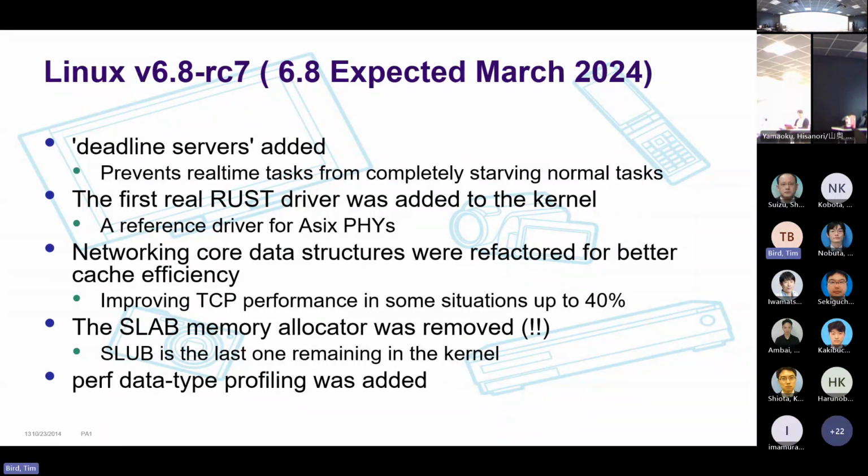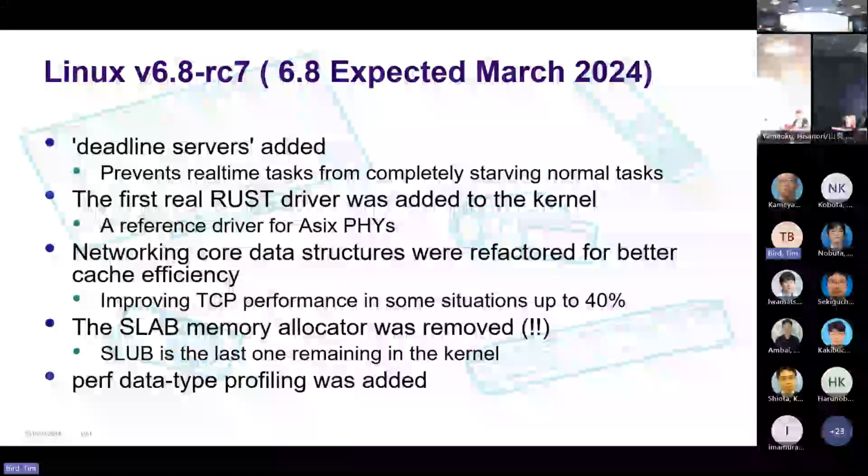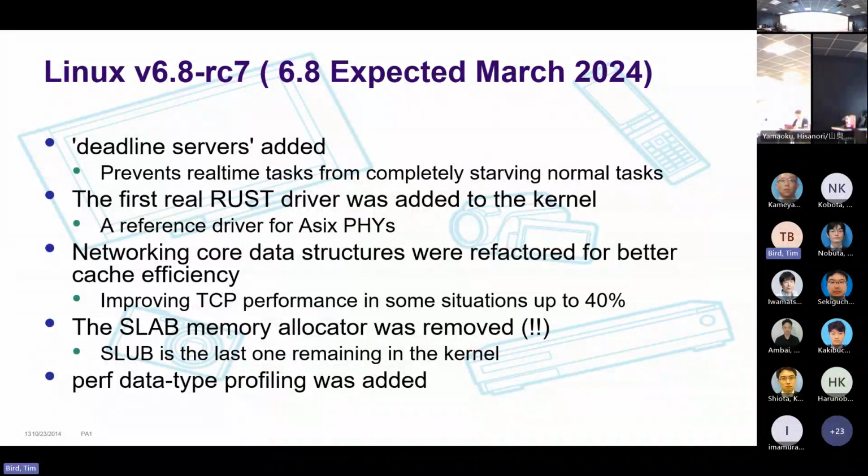So SLUB is the last one remaining in the kernel. Again, I have some commentary on that. It was only within 6 months of the other one being removed that SLAB was removed. And SLAB is actually the original allocator for power of two memory. And then finally, perf data type profiling was added in this release. Okay, and a lot of these I'm going to talk about later.